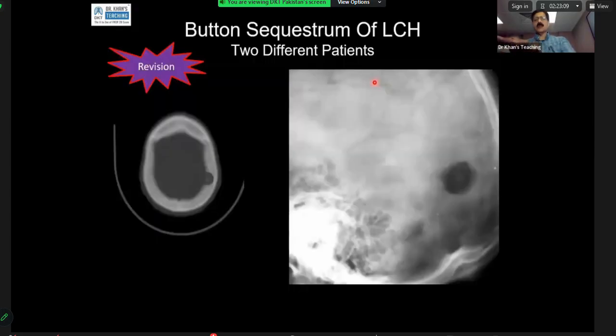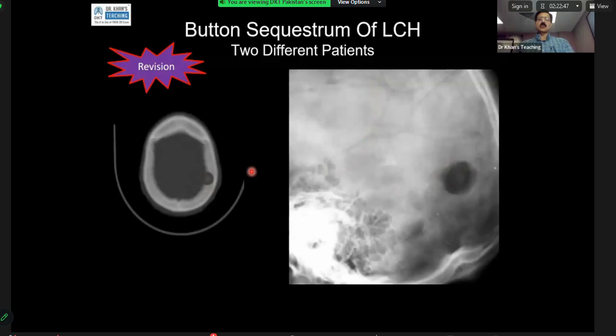In the exam, they will show you this kind of a case. This is a classical 2B case where you will be shown a skull X-ray in which there is a lucency and there is central sclerosis. So this is a button sequestrum. And this is a CT scan of the same thing.